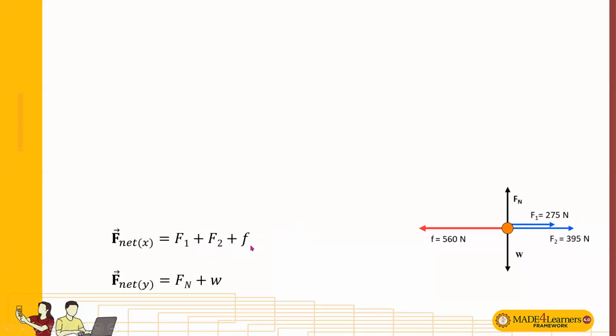But for simplicity, we just assign the negative. And same with the net force along the y-axis. We have only two arrows, so we add up the normal force and the weight, taking note of which of the two is negative. So weight is directed downward, so it must carry a negative sign later for the computation.